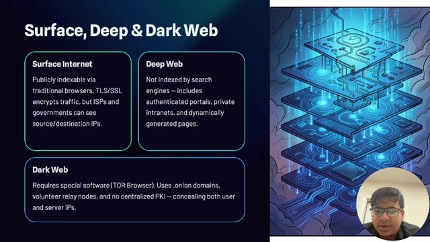The dark web is a subset of the deep web that requires specialized software, such as the Tor browser. To access it, users use .onion domains and rely on onion-based routing to conceal both user and server identities.